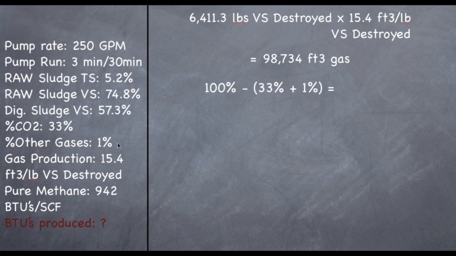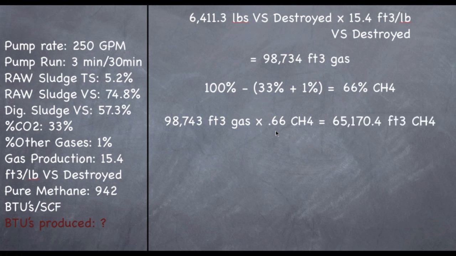If we do 100%, which is total, minus 33 plus 1, which is 34, we come out with 66% of this gas being methane, which is CH4. So I need to multiply this 98,734 cubic feet of gas by 0.66. And that will tell me how many cubic feet of gas is methane. And the answer is 65,170.4 cubic feet methane.